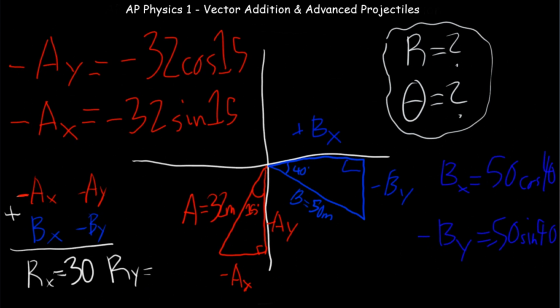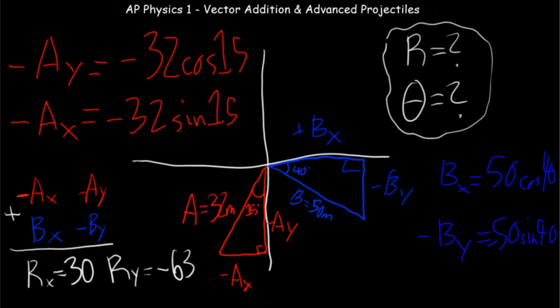And then for your resultant y, you would have negative 32 cosine 15 plus negative 50 sine 40. That would give you, I'm just going to round it to the nearest whole number for now, negative 63.